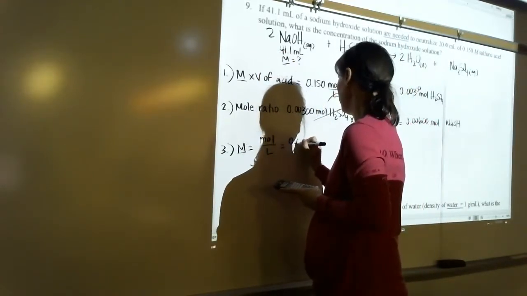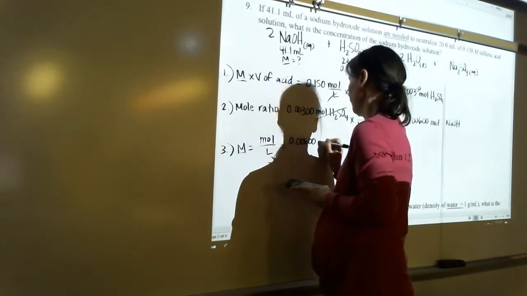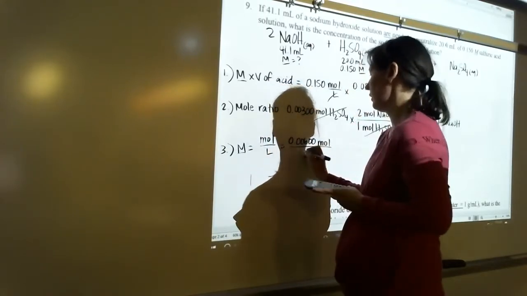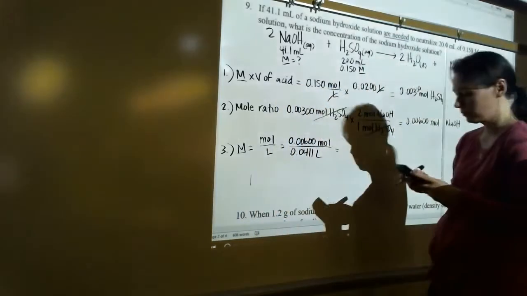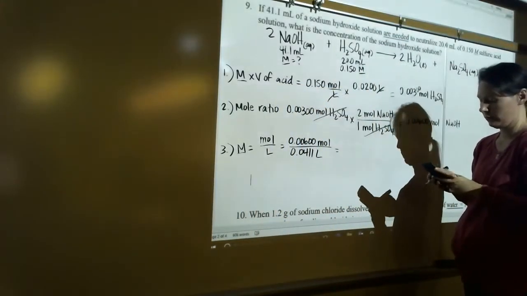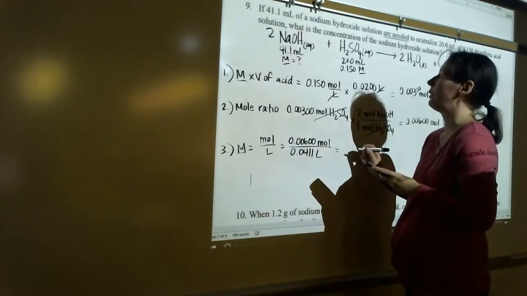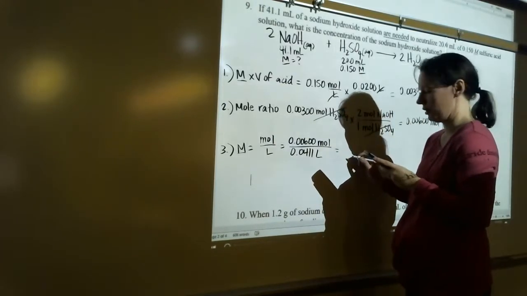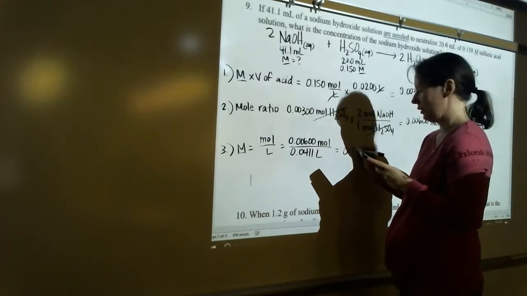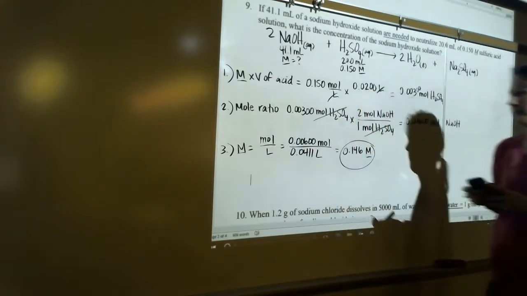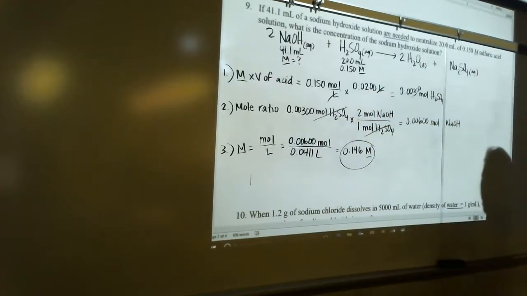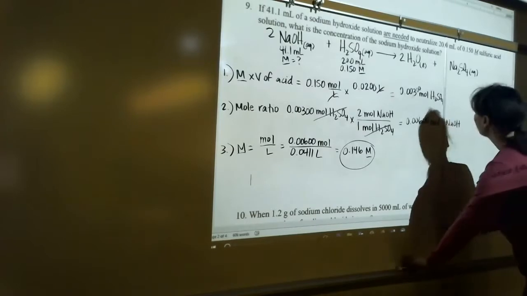So 0.00600 moles divided by 0.0411 liters gives me a molarity, rounding my final answer to 3 significant figures. That would be 0.146 molar. Do we agree on 9? Questions on number 9? Alrighty.